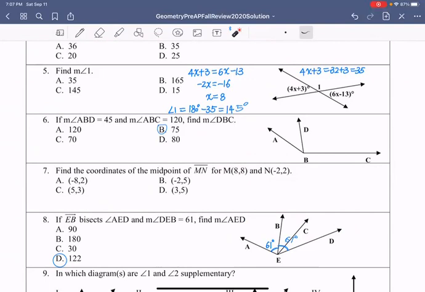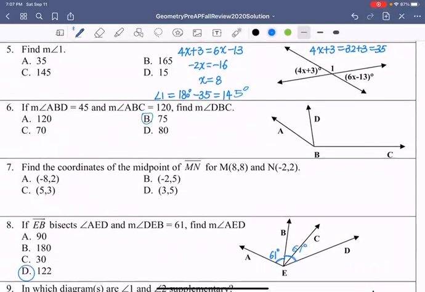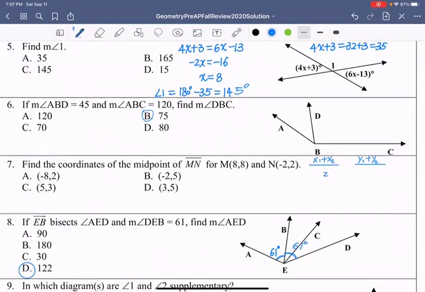I kind of forgot the midpoint formula, but I think it's like this.